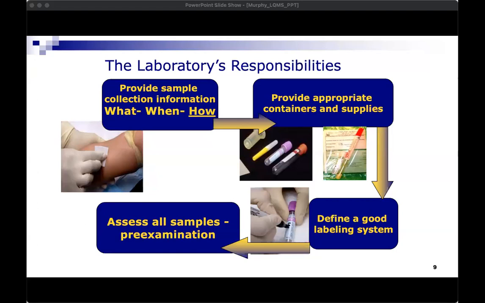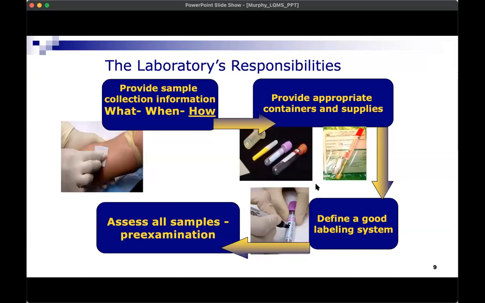But really, for the samples that we receive in the lab, it's our job to ensure that we are providing the resources so that those samples are really good quality. The lab is responsible for the results that we give out, and we can't give out good results without a good sample, and we can't have a good sample without good collection technique. So it's really important to think about the bigger picture and how all of these things are interconnected.